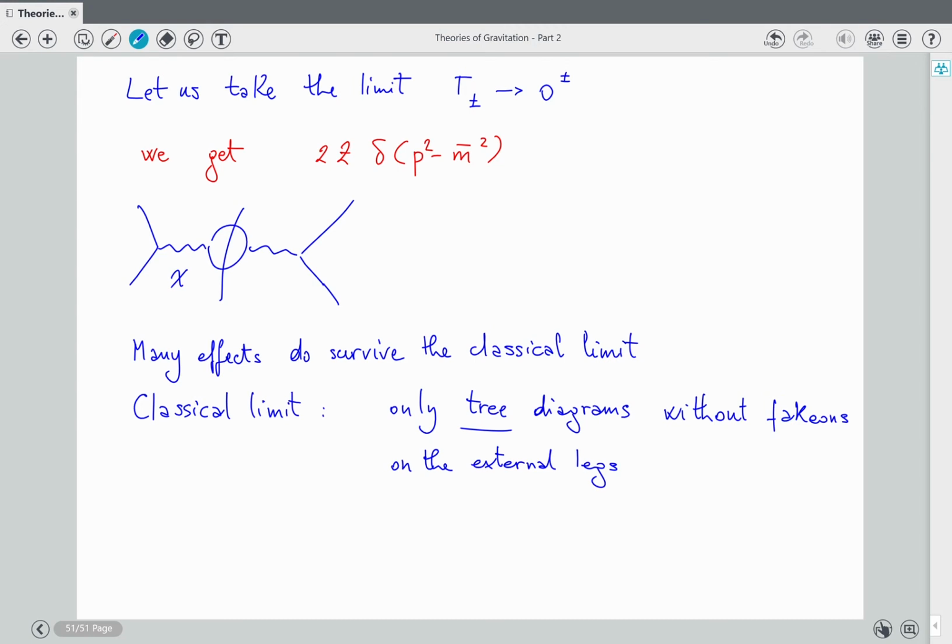And that is equivalent to integrating out the phacons, but at the classical level it is equivalent to solving their field equations.